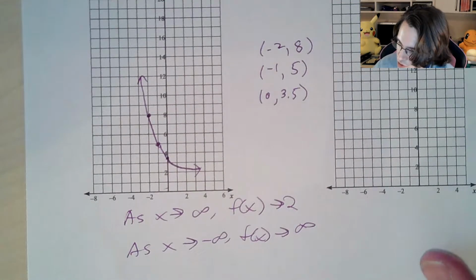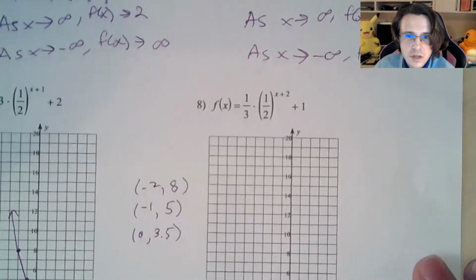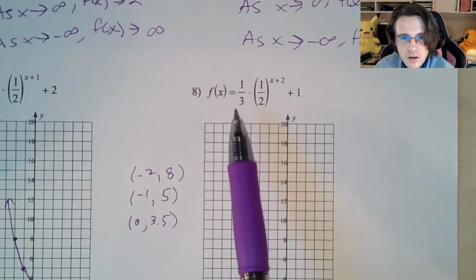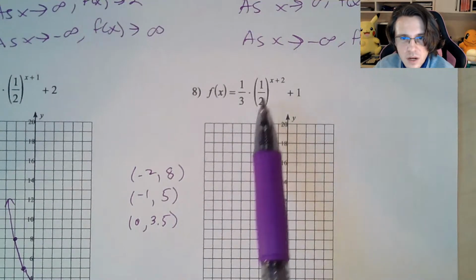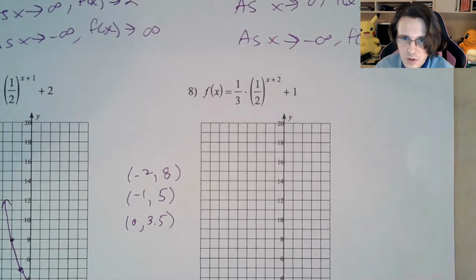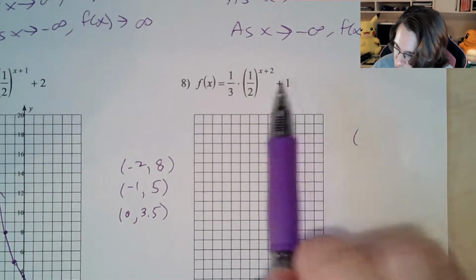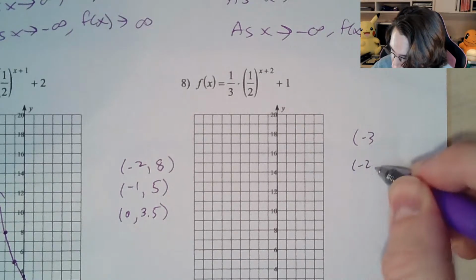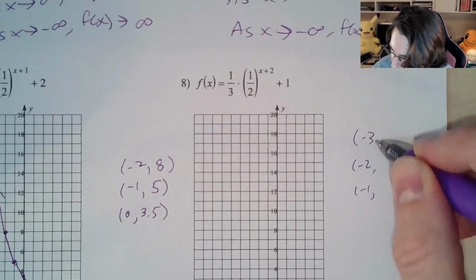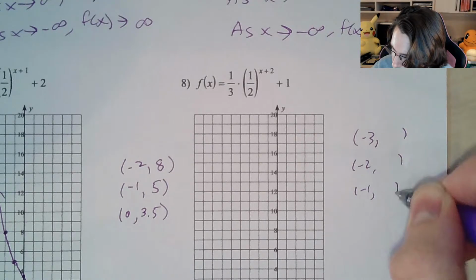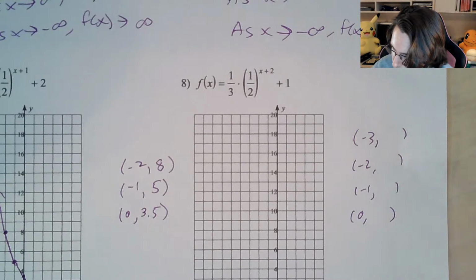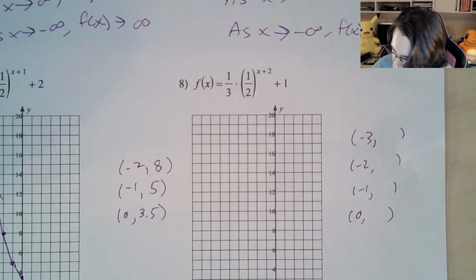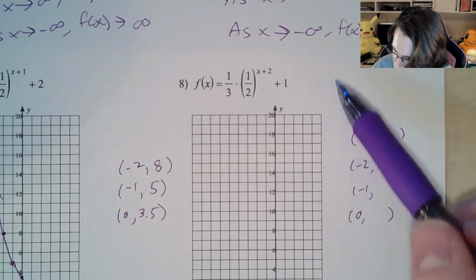We have one last question to take care of, so let's do it. So we have one last guy here. We have a 1/3, a 1/2, fractions abound all over the place. For this one, because we have a +2 there, we want to start off by plugging in -3. We want to do -3, -2, and -1. Probably worth it to continue plugging in 0 as well. This one, I might break down and use a calculator. We'll see.